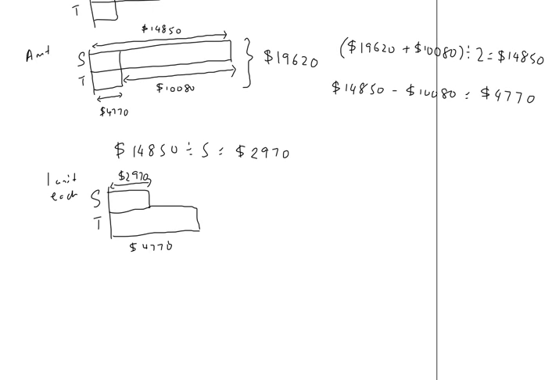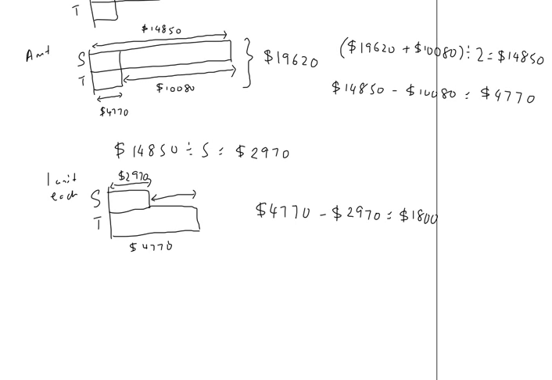Okay, what is the difference? So it's 4,770 minus 2,970 equals to how much? 1,800. So in one unit, how many tablets or how many smartwatches are there?